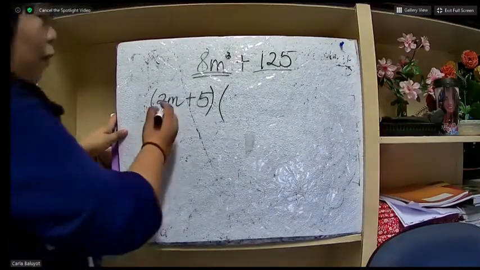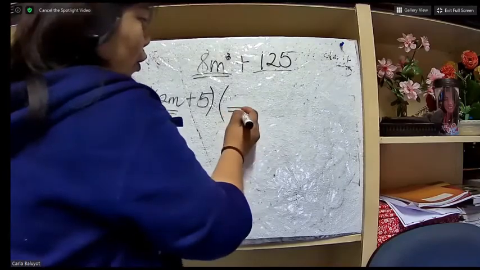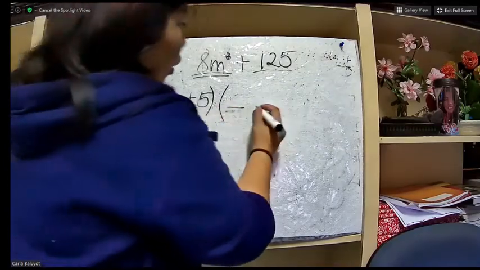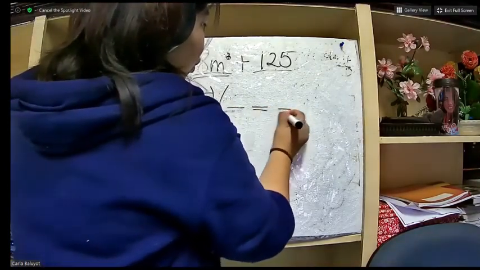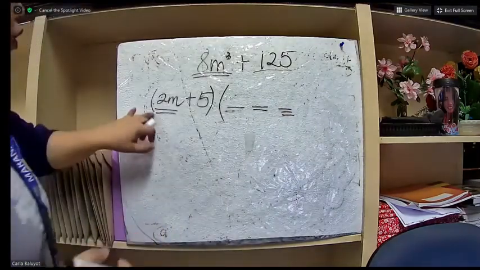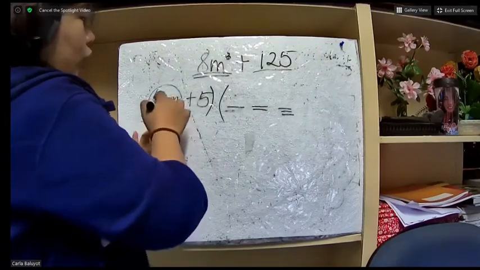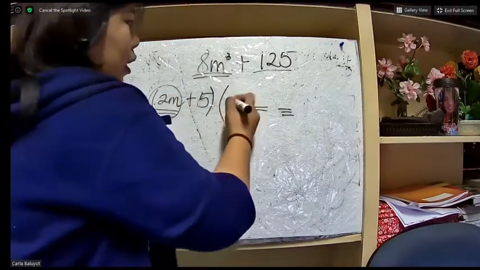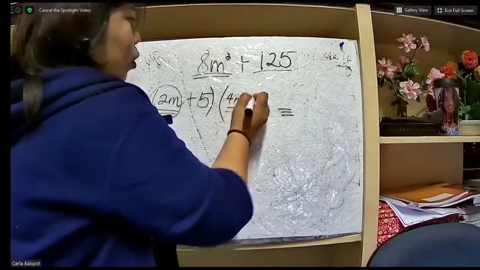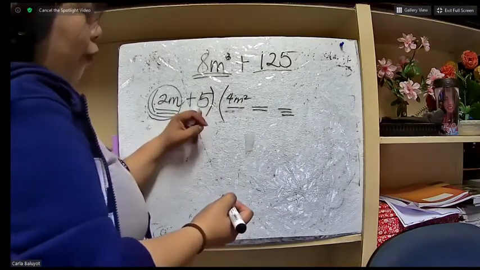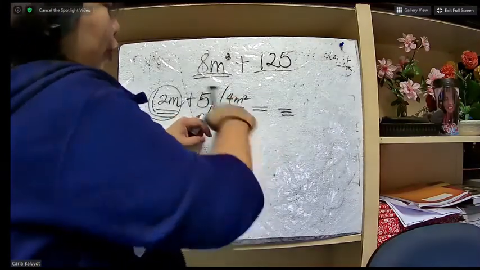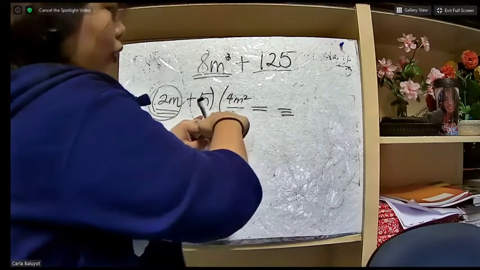Next, okay, to get the first term, we're going to square the first term. What is 2m squared or the square of 2m? That is 4m squared. Now, in order for us to get the third term, we're going to get the square of 5.